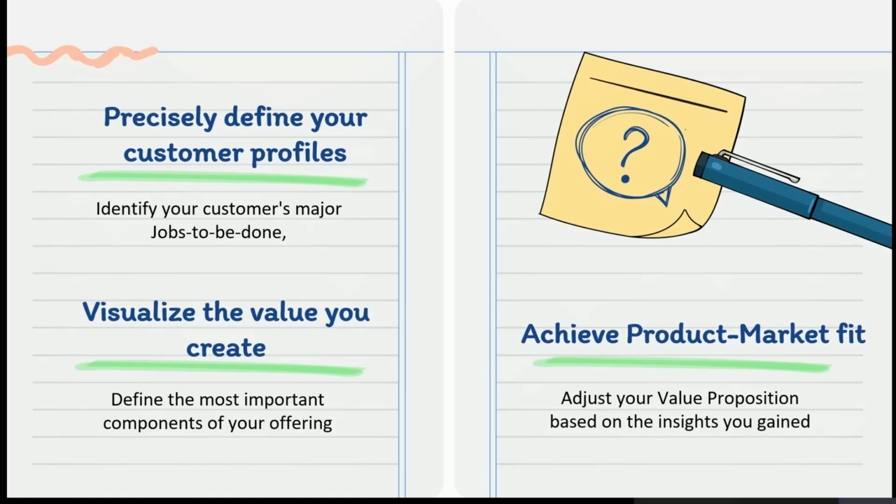Second reason, you can visualize the value you create, which is to define the most important components that you are offering to your customer, and what kind of value you will give to your customers. And the third reason, you can achieve a product market fit.